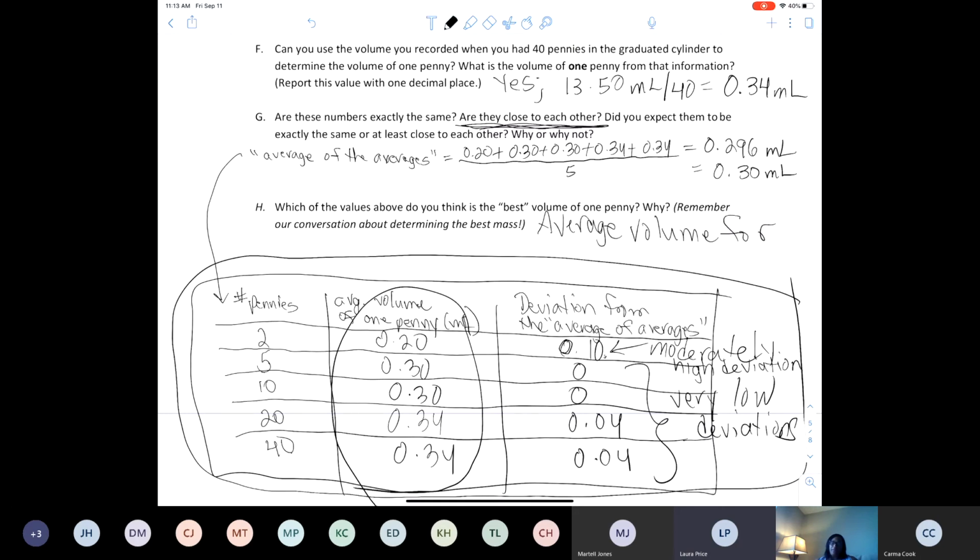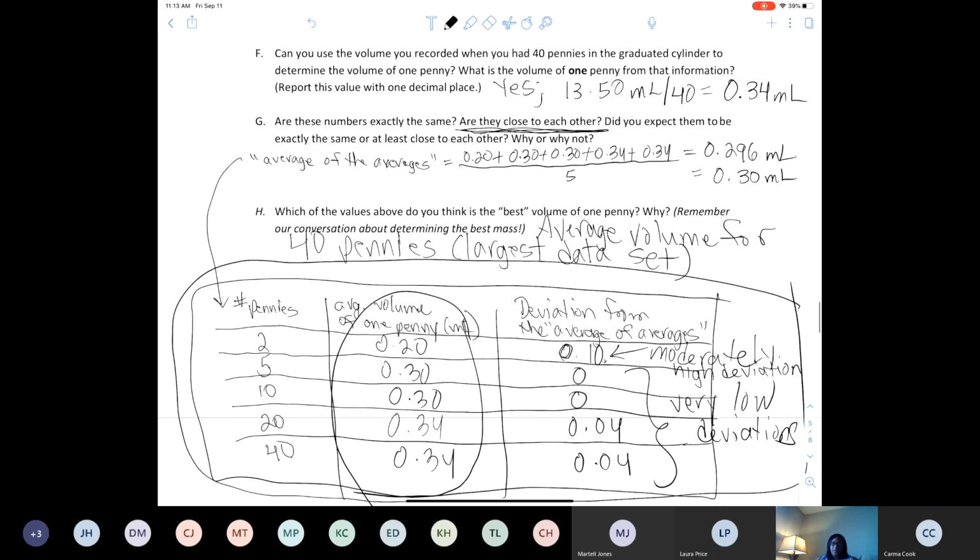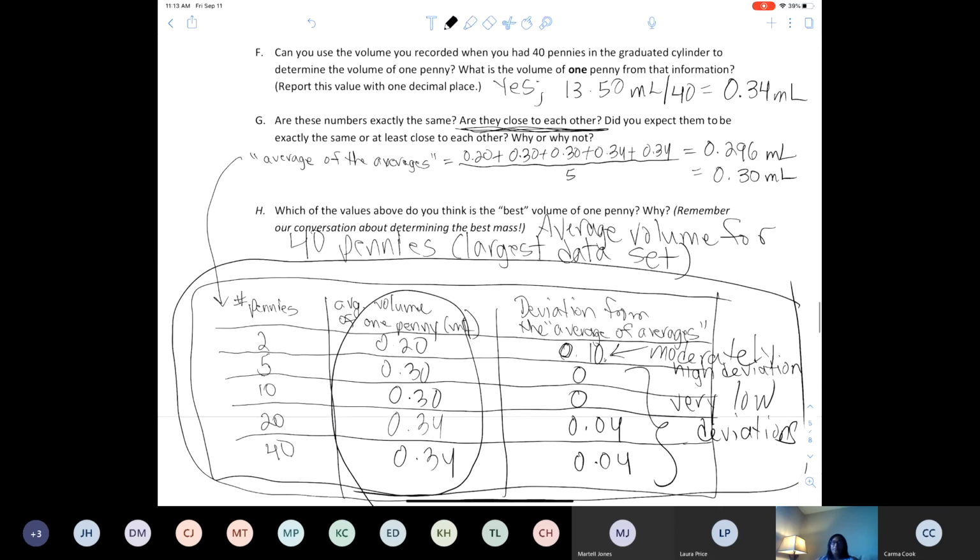So whatever your average volume for 40 pennies was, that's going to be your best estimate because it's the largest data set. Any other questions about data set 3 or the inquiry questions for data set 3?